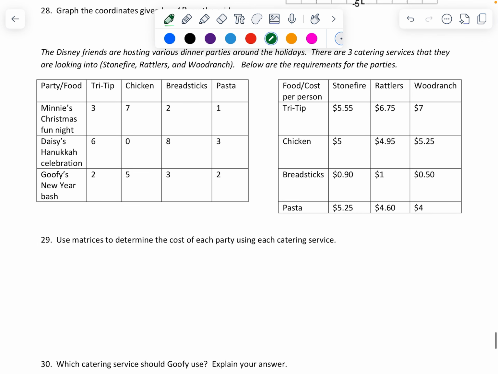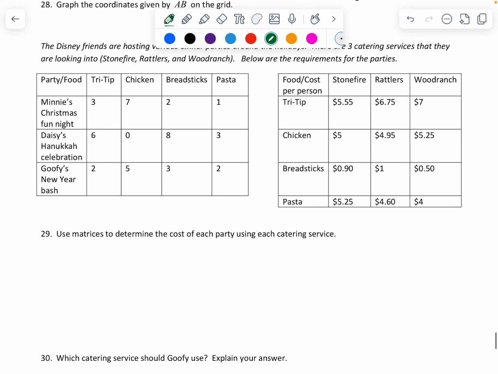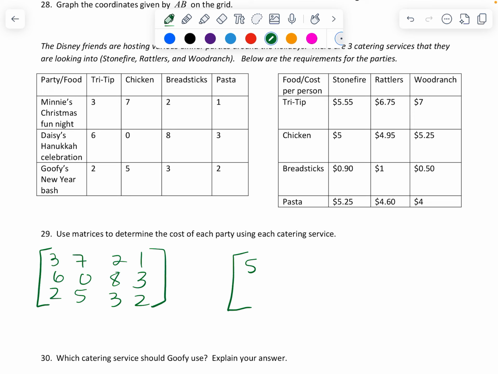Then we're supposed to use matrices to determine the cost of the parties. Okay. So first things first. We have the first one. This is 3, 7, 2, 1, 6, 0, 8, 3, 2, 5, 3, 2. And this one is 5.55, 6.75, 7.